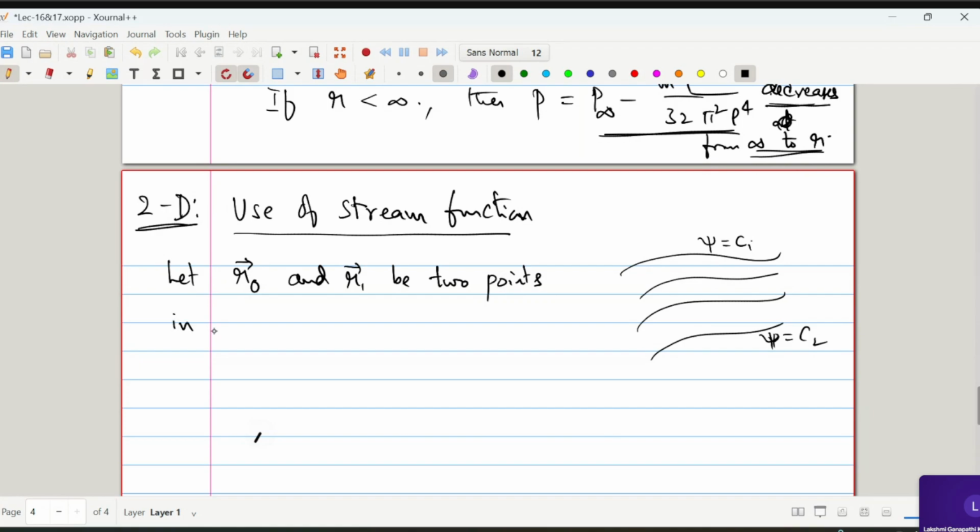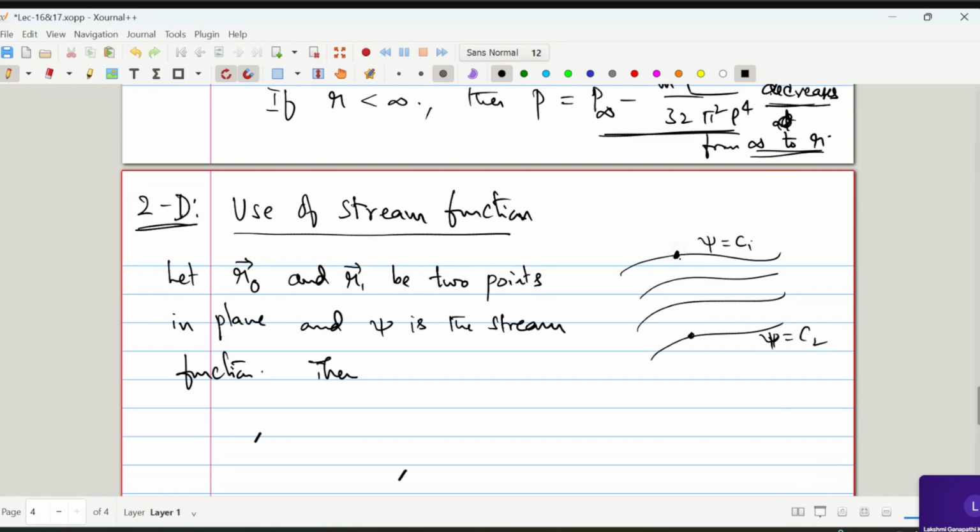We are only in 2D in the plane, and we know that in 2 dimensions a stream function exists. Psi is the stream function. Then you consider any 2 points, so basically I consider this point and this point.